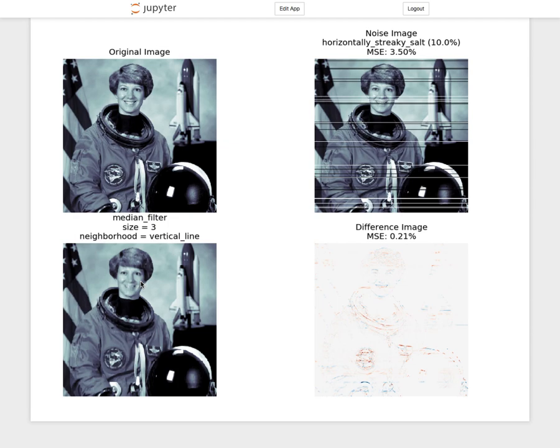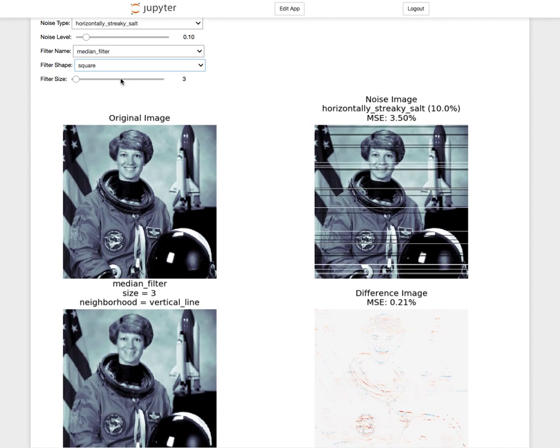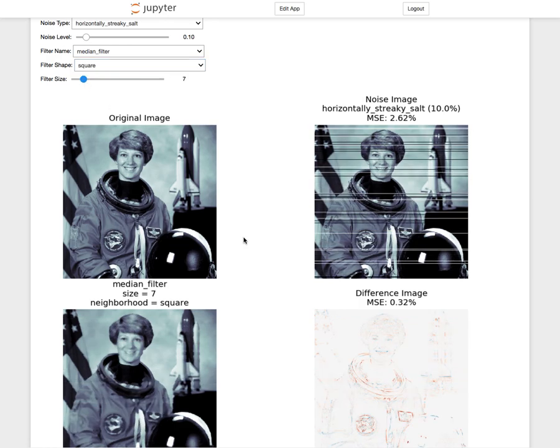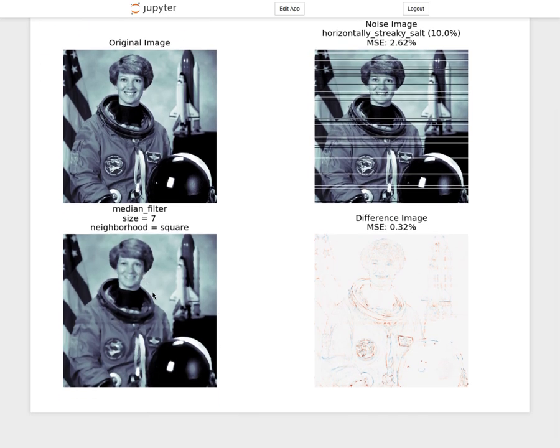And so when you can design the neighborhood to be better suited to your problem, you can do a much better job without damaging the image. If we go back to the standard square median filter, to get rid of all the stripes, we don't get rid of it with 3; with 7 we'd get rid of it, but we've now smoothed over a lot of other parts of the image.